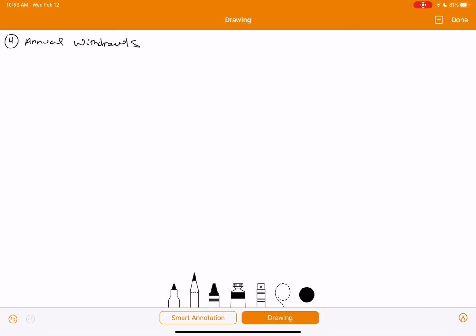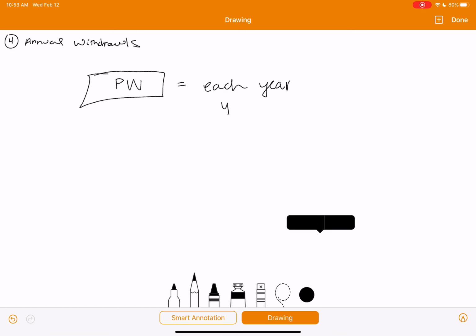So instead of putting money into an account every year, this is when you're going to have a certain amount starting in the account, so a present worth, and each year you take out or withdraw a certain amount of money.